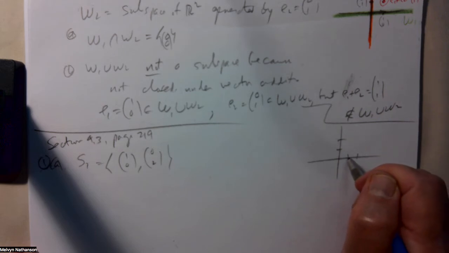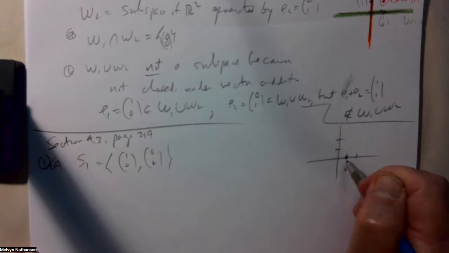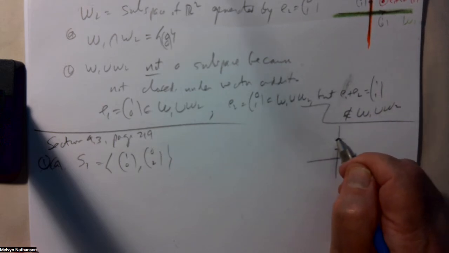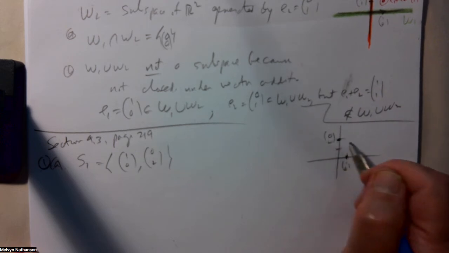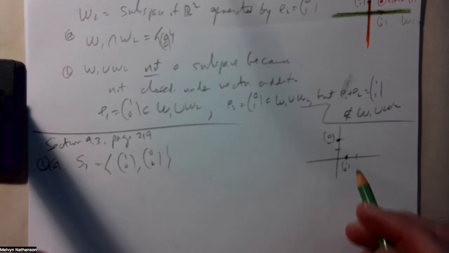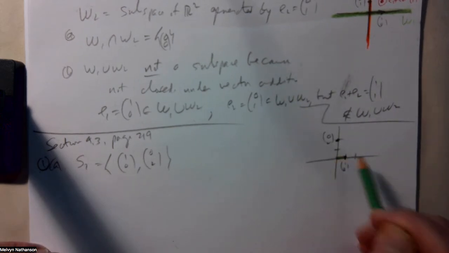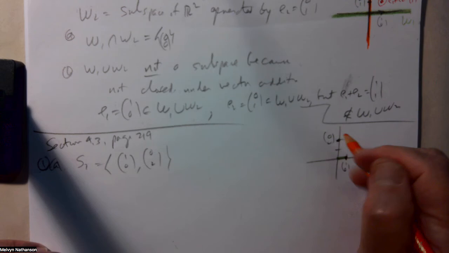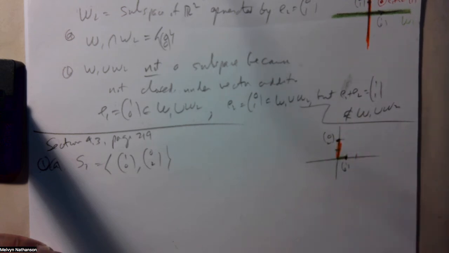In the plane, this is the vector 1, 0. This is the vector 0, 2.